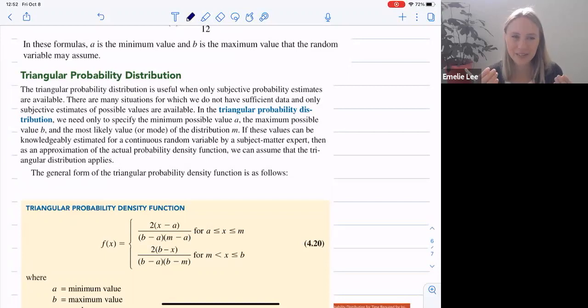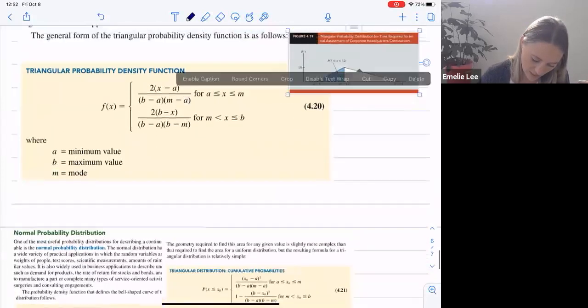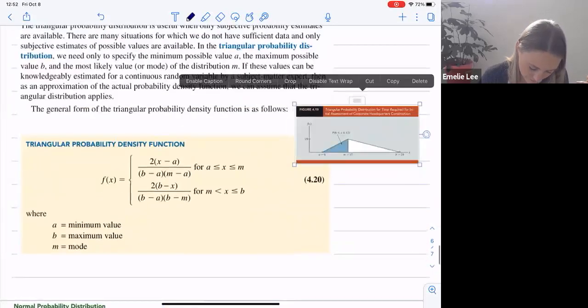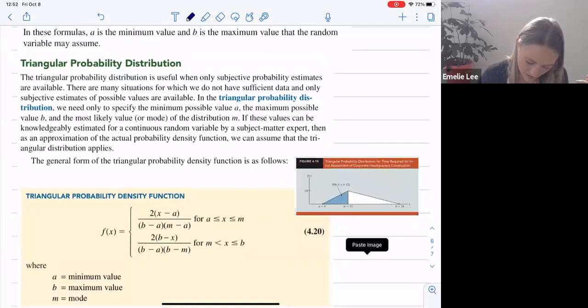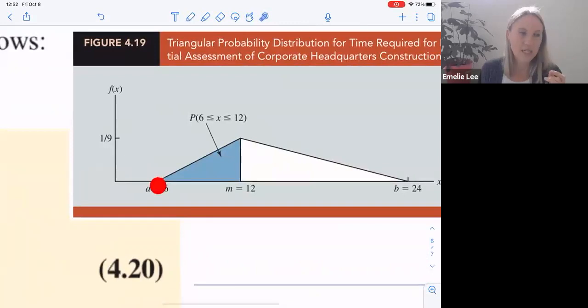To make a triangle, what do I need? All I need is the minimum, the maximum, and the mode. So that's a benefit.